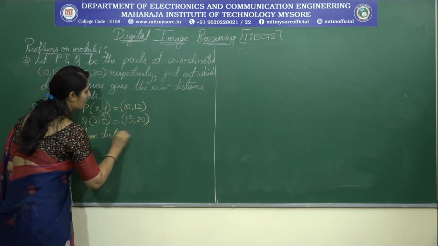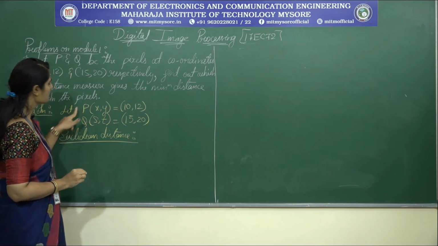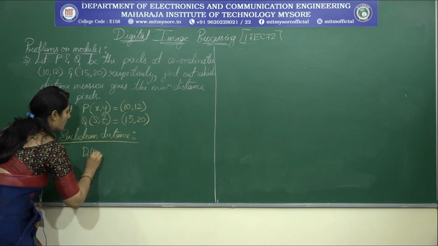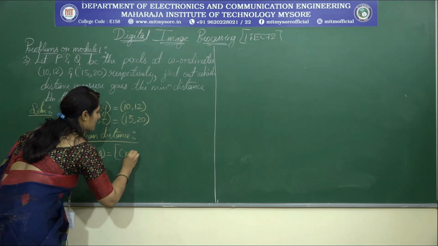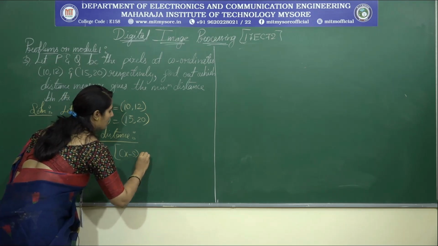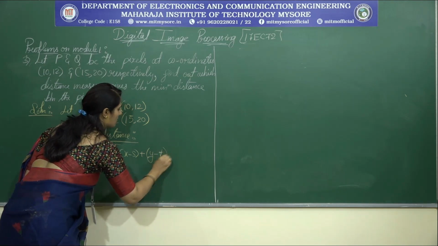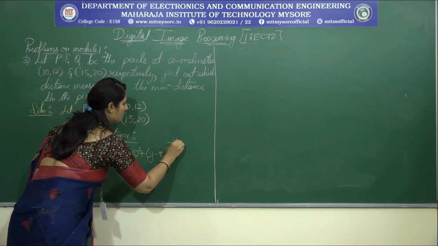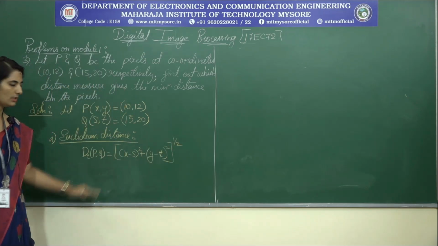What is the formula in Euclidean distance to find the distance between P and Q? That is dE(P, Q) is equal to ((x minus s) whole square plus (y minus t) whole square) whole power 1 by 2. So this is the Euclidean distance formula.